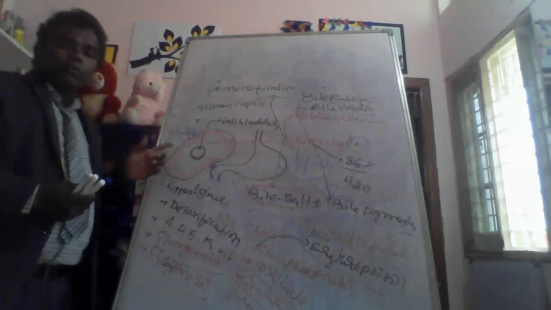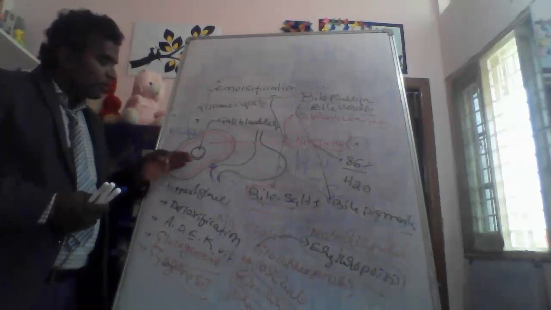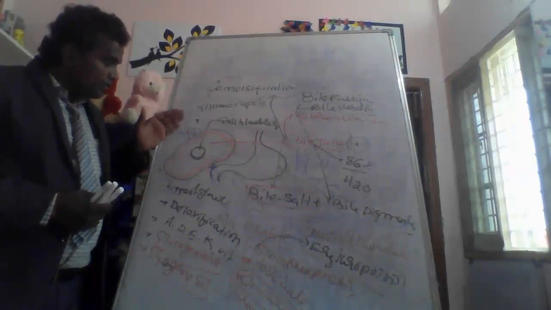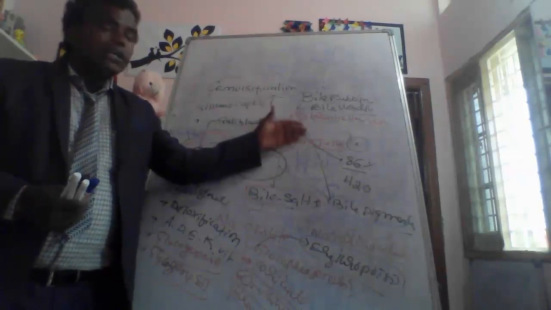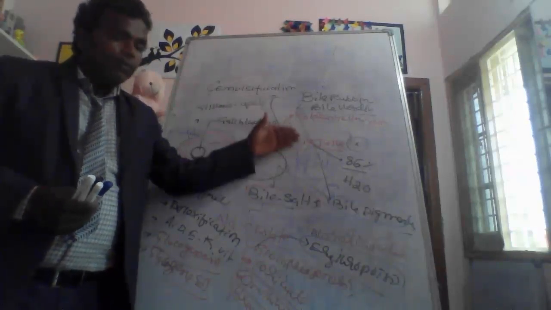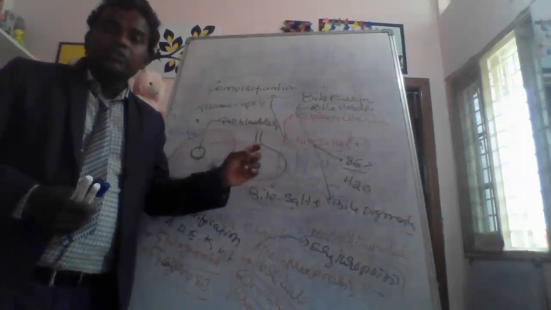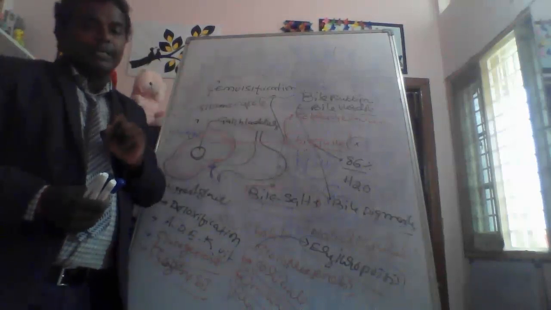Next, important. You know very well the liver secretes bile juice. The bile juice pH value, how much? 8.6.